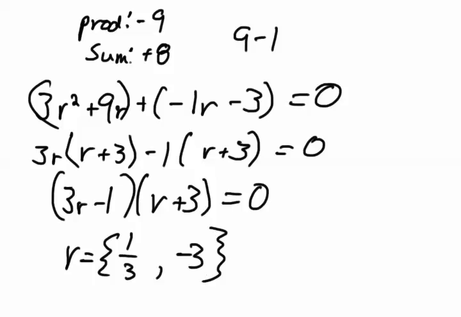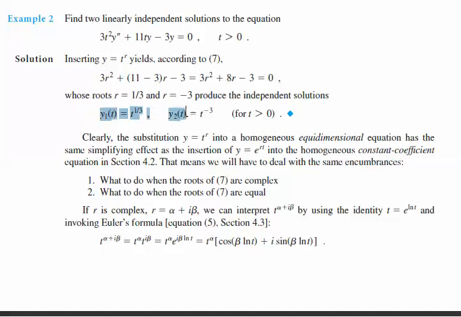So our homogeneous solution is going to be of the form C1 t to the 1/3 plus C2 t to the -3. So here you see the book has the same solutions, but what would happen if the two terms were equal or complex?